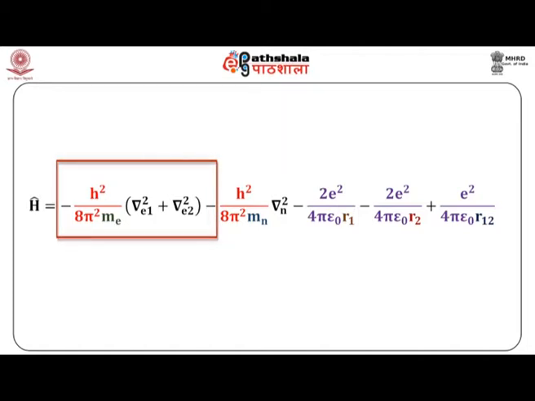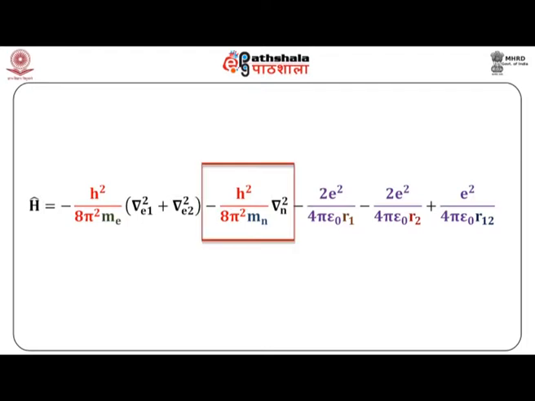These are the corresponding kinetic energy terms of electron 1 and electron 2. Then the next term is minus h²/8π²m_n ∇_n². This represents the kinetic energy term of the nucleus.